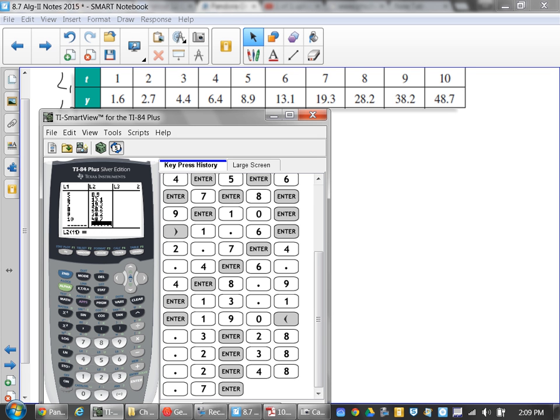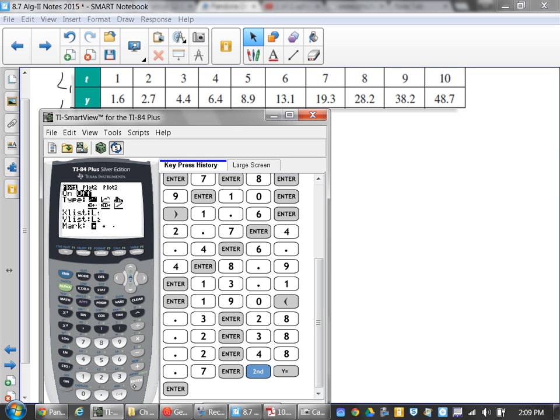Do you remember how to look at a scatter plot? How to go back to do that in the calculator? First thing you want to do is make sure that your stat plot is on. So hit second, y equals. Right now my stat plot is off, which means I have to hit enter to turn it on. When I hit enter, it gives me some options. It should be blinking on the cursor of on. Yours is probably already over there.